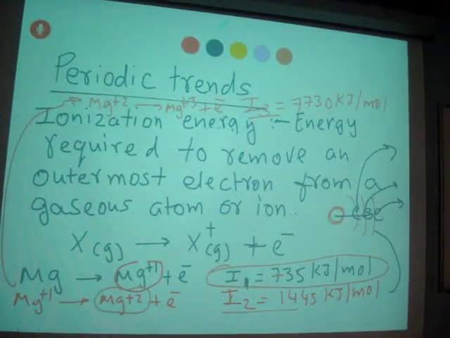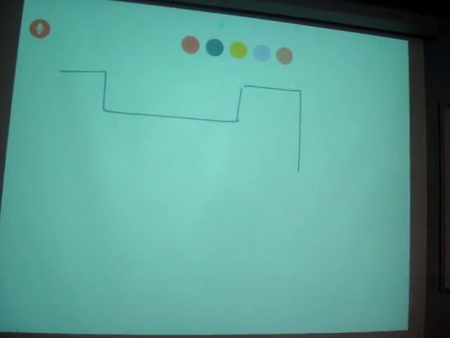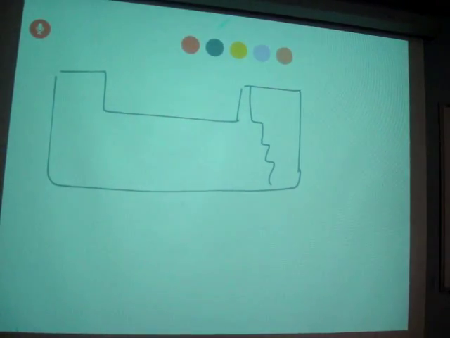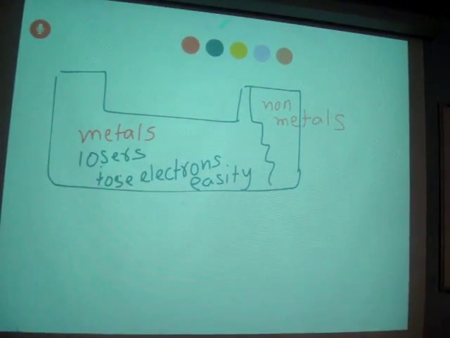Now when you look at the periodic table, what does the trend look like? In the periodic table, there are metals and non-metals. If this is a zigzag line, this side is mostly metals, and this side is non-metals. And you know that metals are losers, they lose electrons easily.